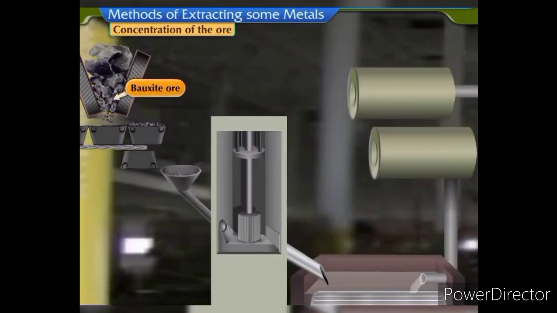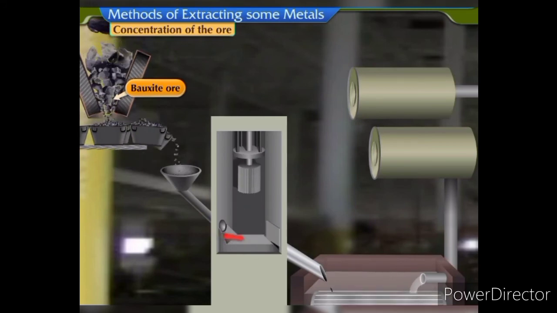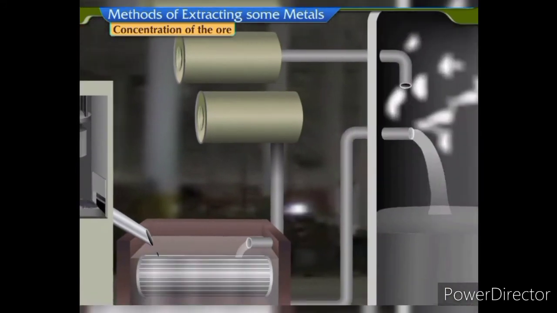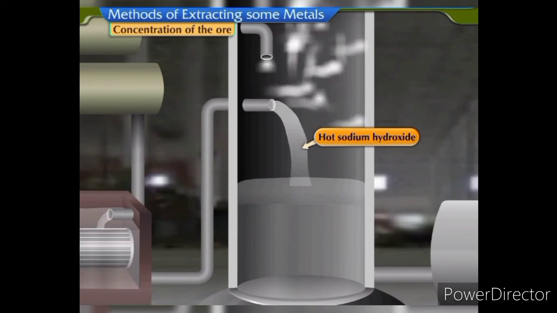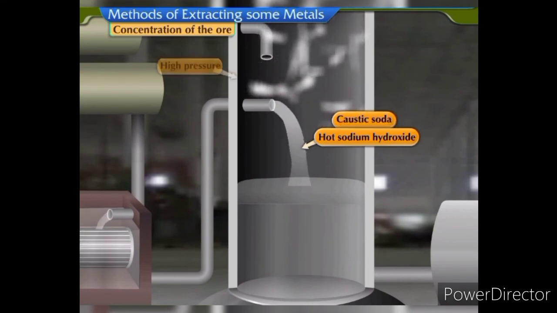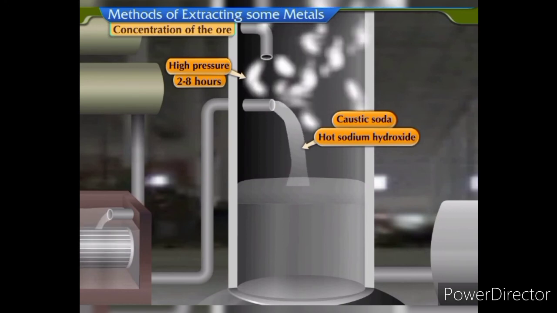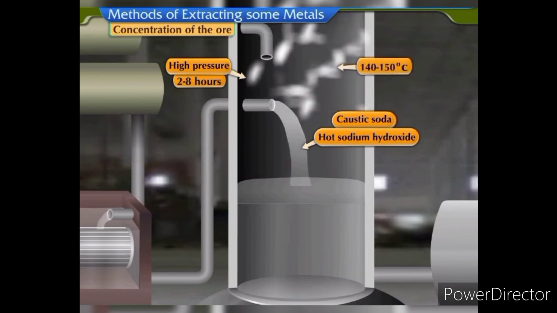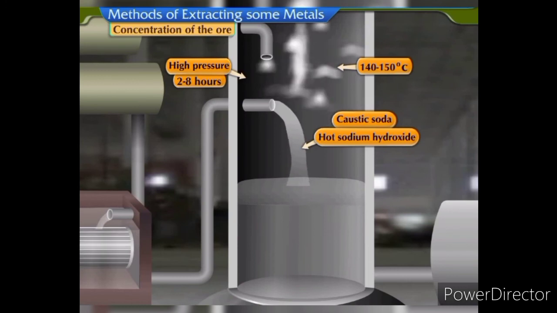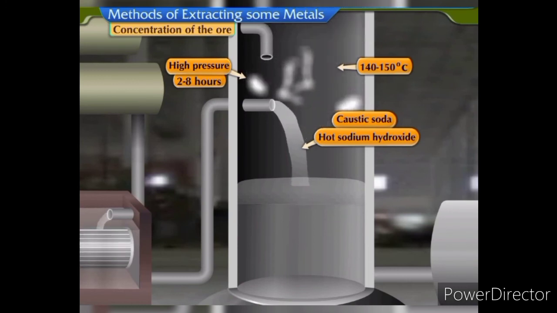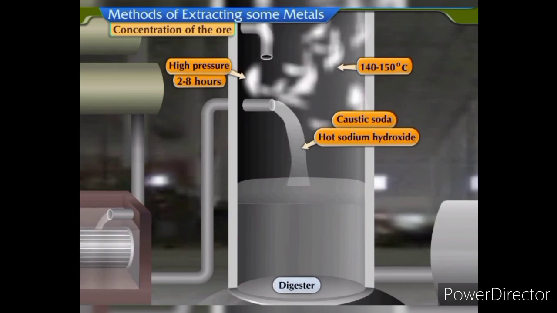In this method, the bauxite ore is first crushed and treated with hot sodium hydroxide or caustic soda under high pressure for about 2 to 8 hours and a temperature of about 140 to 150 degrees Celsius, and is carried out in a tank called a digester.